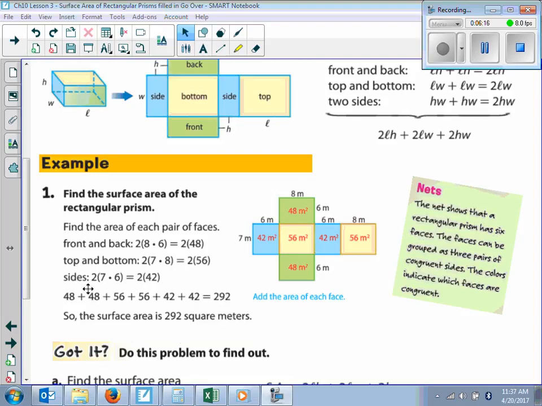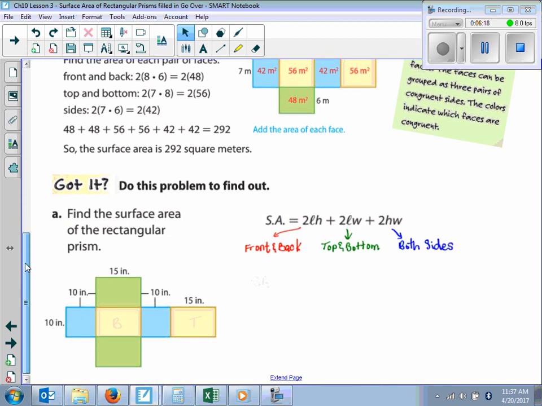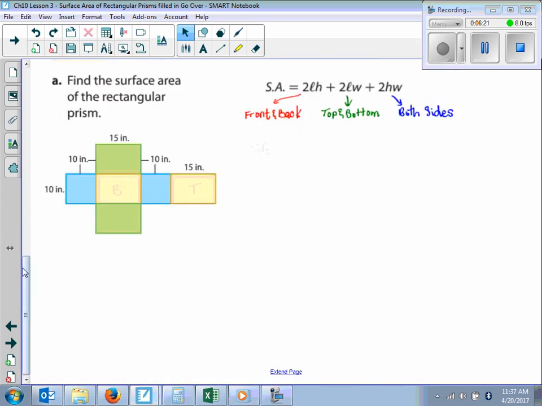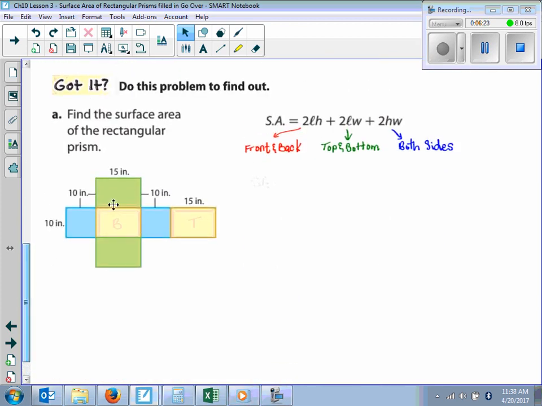Is everybody clear? All right, so here, let's do the next one. The first thing we want to do is find the area of the front and the back. So here are the front and the back. Okay?